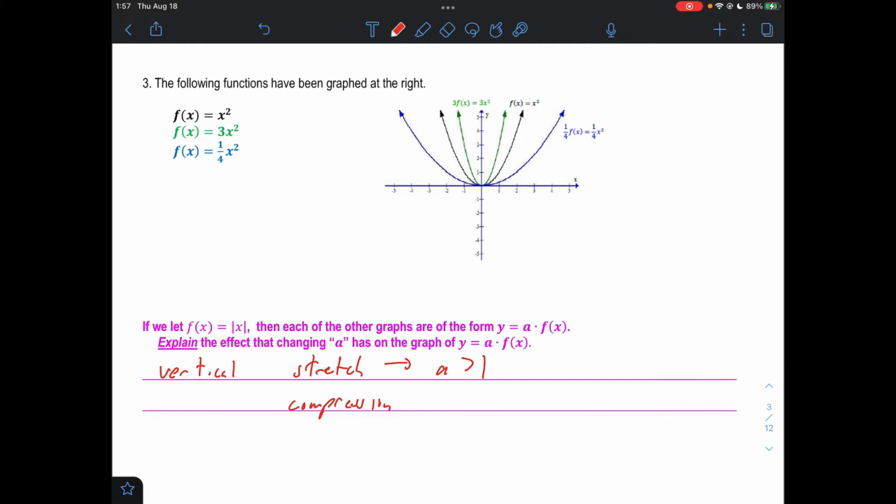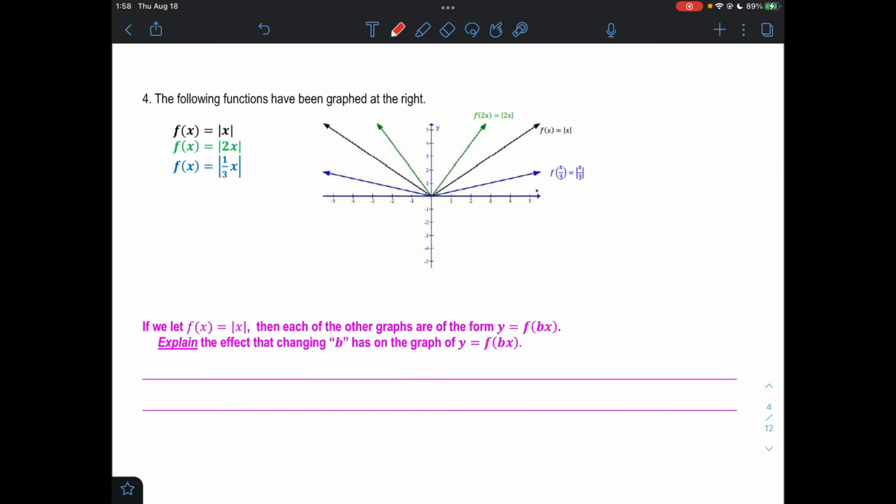And it's a vertical compression if the absolute value of a is less than 1. We say absolute value of a because if it's negative 4, it's going to be a stretch. If it's negative 1,000, it's going to be a stretch. Only if it's a number whose absolute value is between 0 and 1 would it be a compression. And what we do then is multiply each y by that number a to stretch it or compress it.